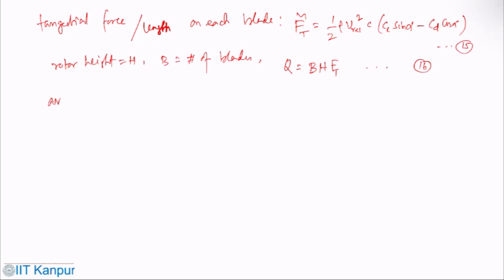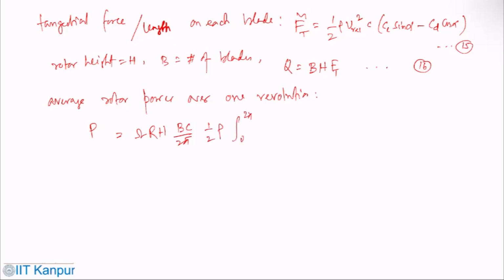Then the average rotor power over one revolution would be P equals omega R h, Bc by 2 pi, half rho, integral 0 to 2 pi, of U rel square (CL sin alpha minus CD cos alpha).